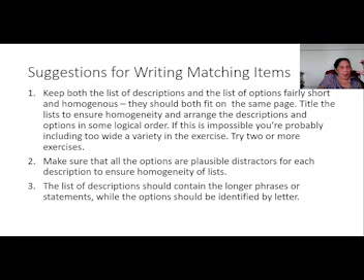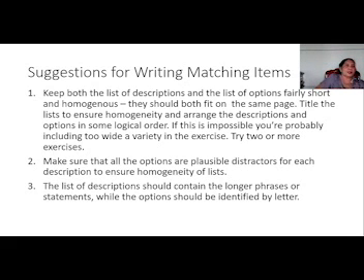Title the list. So you have a column. What is that column? Capitals. What is the next column? Provinces. So title the list to ensure homogeneity and arrange the descriptions and options in some logical order. If alphabetized, alphabetize it. If those are numbers, what could be some logical arrangement for numbers?